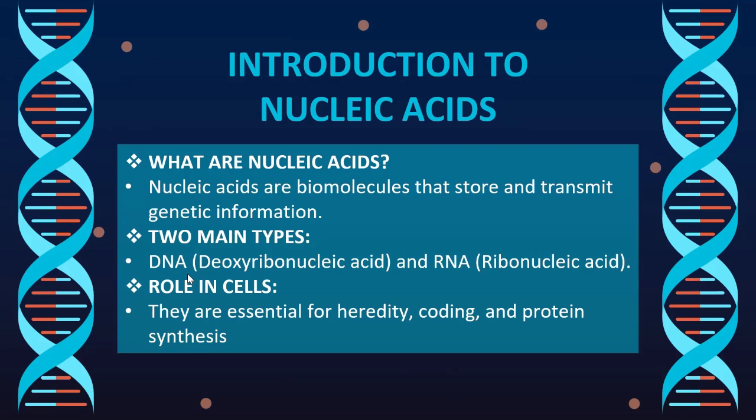We have two main types of nucleic acids: DNA, or deoxyribonucleic acid, and RNA, or ribonucleic acid. Let's refresh: DNA contains the genetic blueprint for an organism's development and function, while RNA plays a key role in converting the genetic code in DNA into proteins.